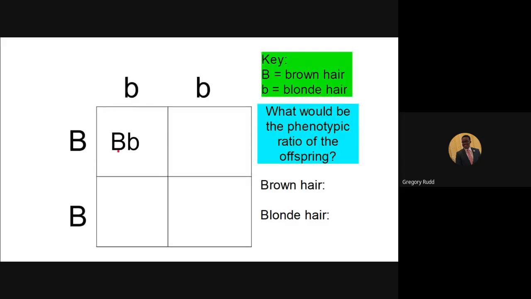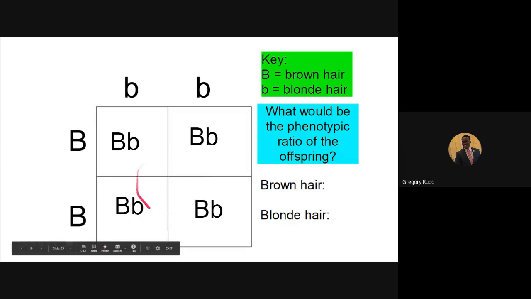Uppercase, lowercase, uppercase, lowercase, uppercase, lowercase, and uppercase, lowercase. Notice how I had one parent that was homozygous dominant, and I had another parent that was homozygous recessive. And so all children are going to end up heterozygous.